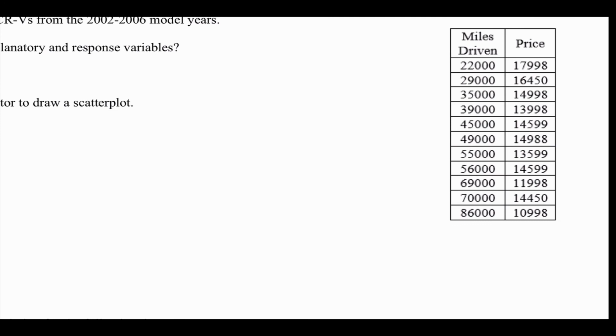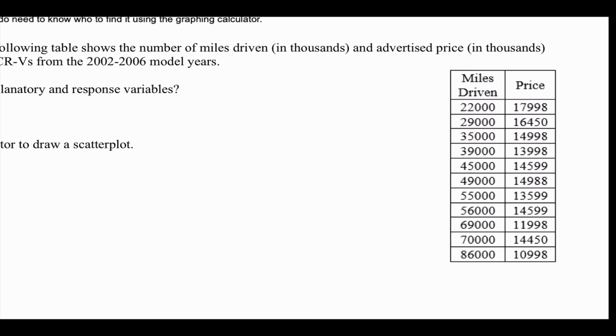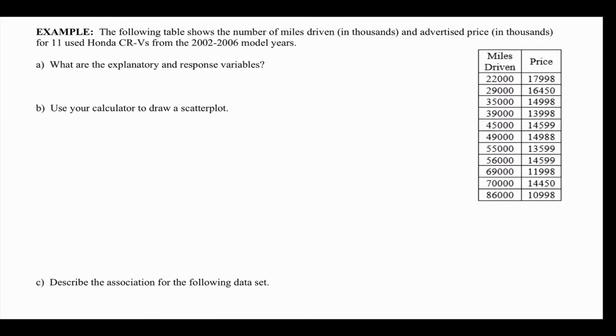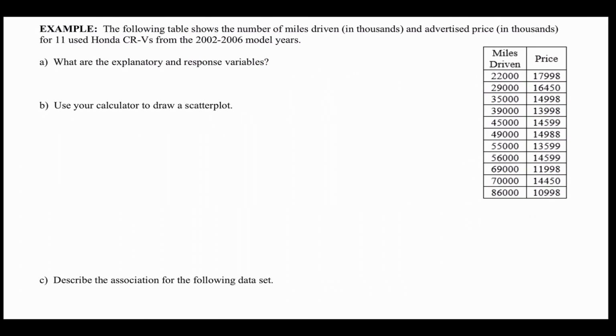One of them had 22,000 miles on it. That's how much it sold for. One of them had 29,000 miles on it. That's how much it sold for. Okay, so on and so forth. There were 1, 2, 3, 4, 5, 6, 7, 8, 9, 10, 11 cars. There were 11 cars.